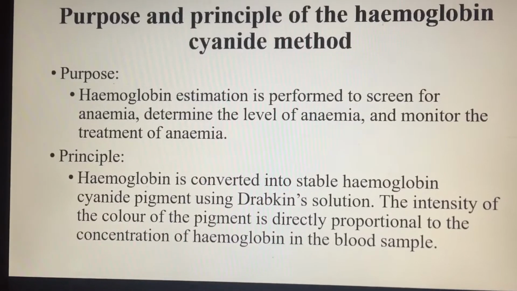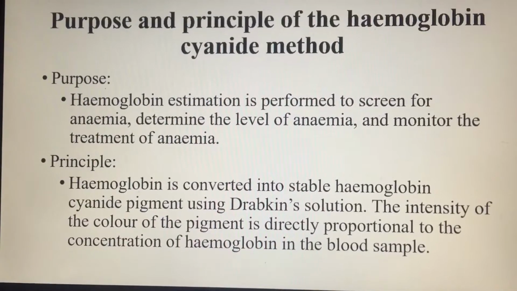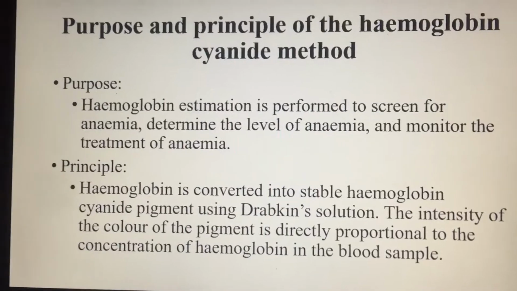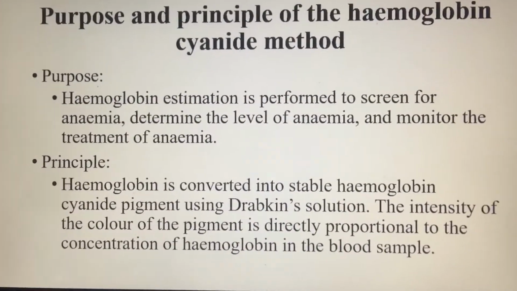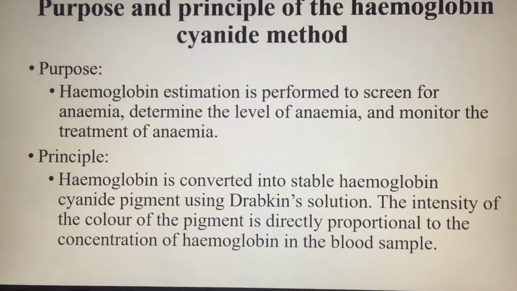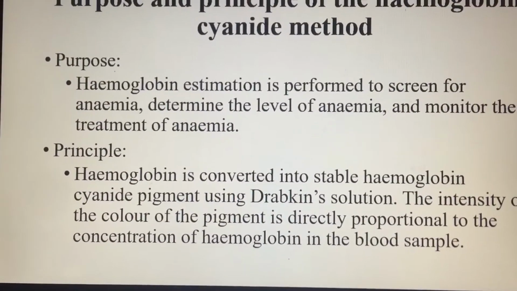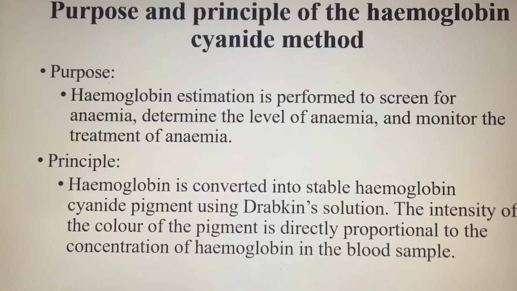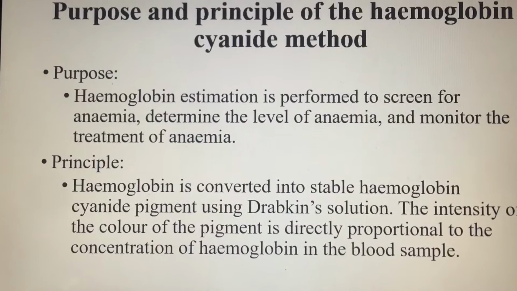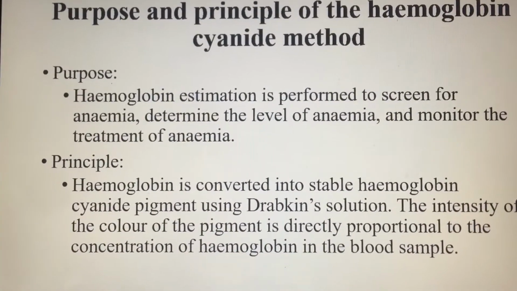So doing the hemoglobin estimation, or determining the hemoglobin concentration, aids us in making follow-up and monitoring the treatment of anemia. That is the purpose of doing hemoglobin estimation, and also the purpose of the hemoglobin cyanide method as a method of hemoglobin estimation.